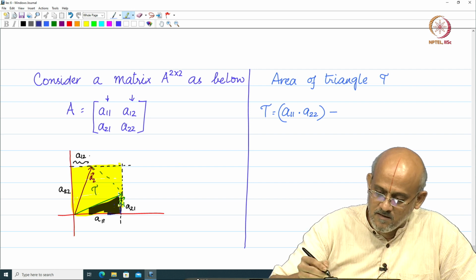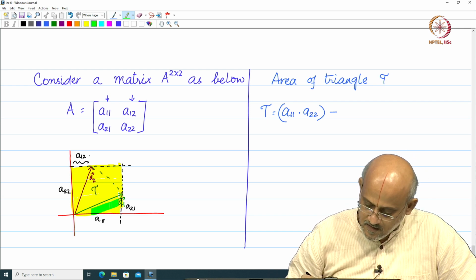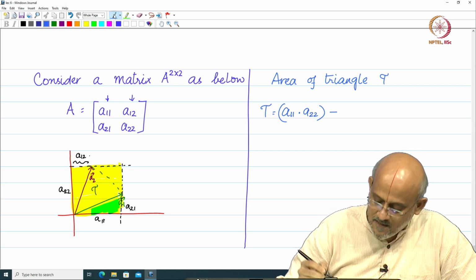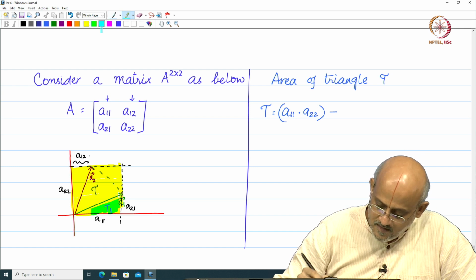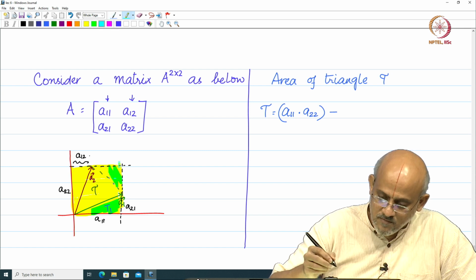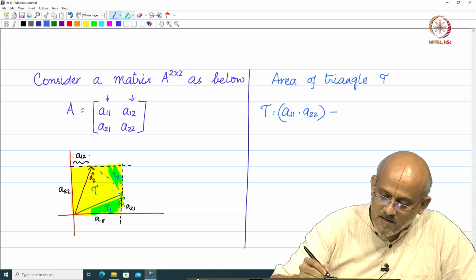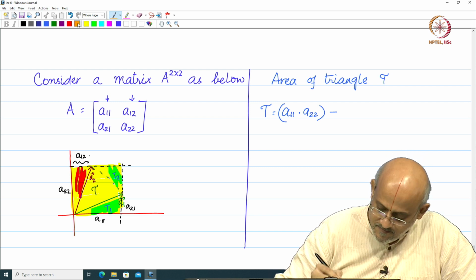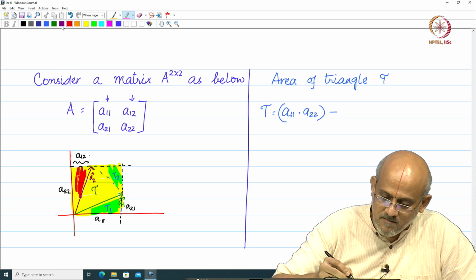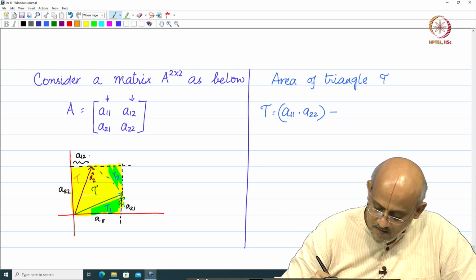Let me take another light color. So, this that I have, let me call that my triangle T1, this guy that I have here triangle T2, and let me call this triangle T3.